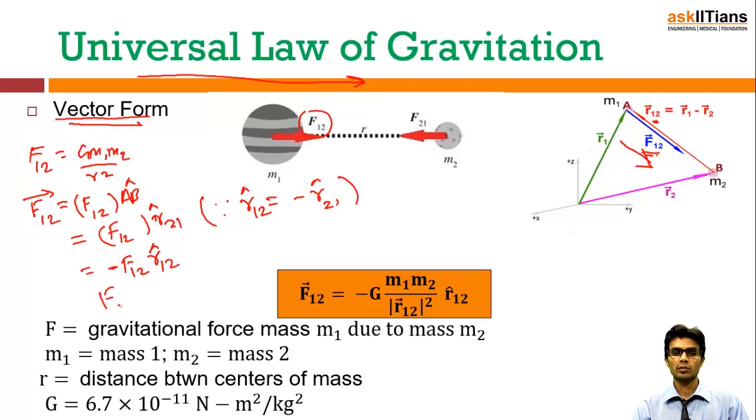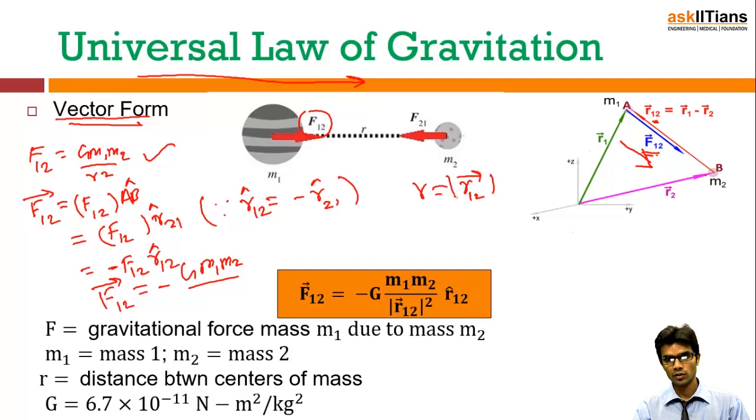Now the F12 vector can be written by putting in the magnitude of F12 from here. So minus G M1 M2 by R square. Here R can be written as the magnitude of R12 or the magnitude of R21.